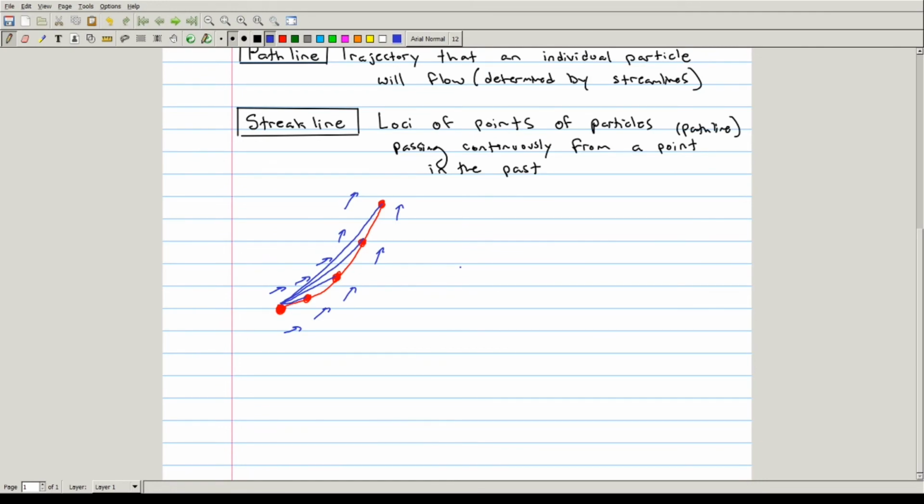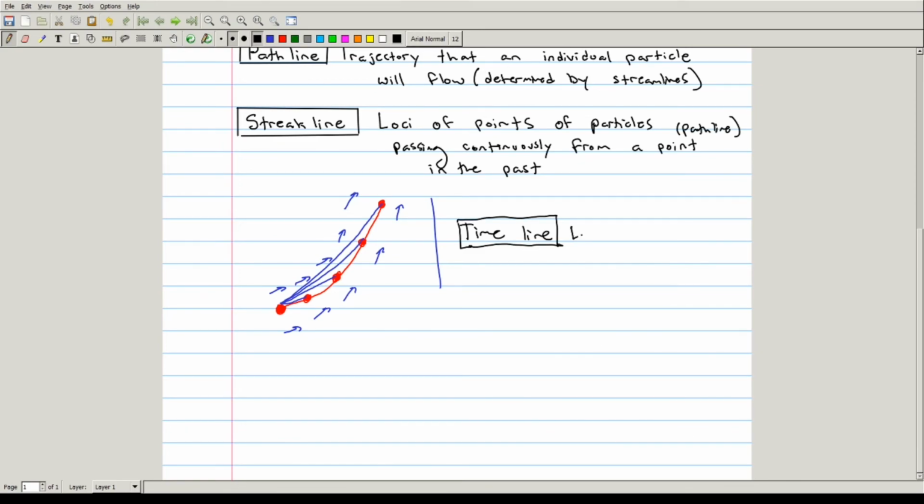There are other types of curves or lines that are important in understanding the behavior of a given vector field in different ways. A timeline is an example of one. You can think of a timeline as a collection of path lines.